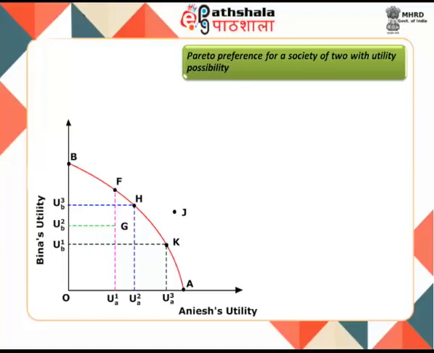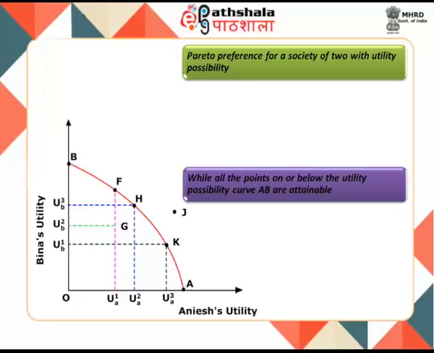The figure shows their possible utility combinations in the utility space with limited available resources. The attainable utility combinations lie either on or below the utility possibility frontier AB.